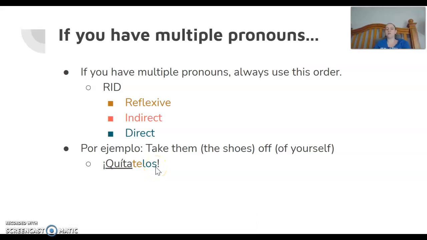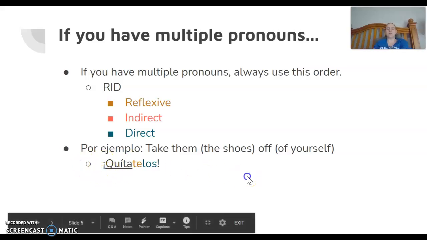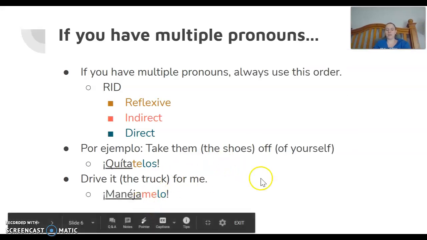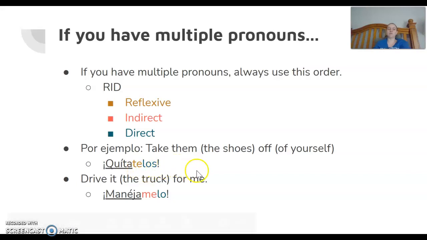Whenever I think of giving commands with multiple pronouns, I always think of a mom being like, I said do it now. I said take them off. So quítatelos. Or drive it for me, manéjamelo. Me would be your indirect object, and then the lo would be your direct object. Up here, the te is your reflexive, and the los is the direct.